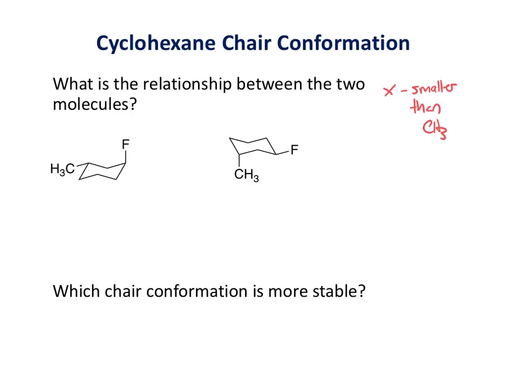So anytime I would work a problem like this, if you need to figure out a relationship between two chairs, draw them as flat structures. All right. Draw a six-membered ring. Okay, pick a carbon as a reference point, and that's the one we'll do with the fluorine.